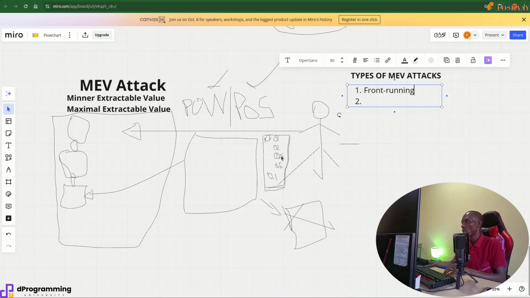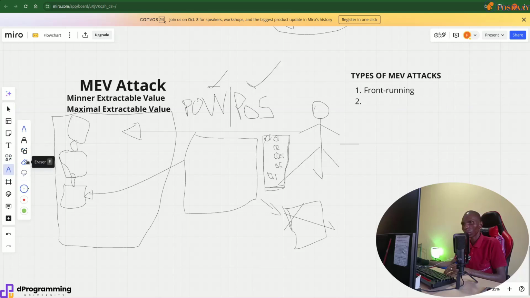So they can easily know, okay, this is your transaction, this is your fee, and the transaction is ahead of them. How much did you pay? And things like that. They can easily push their own transaction ahead of yours and make some money.